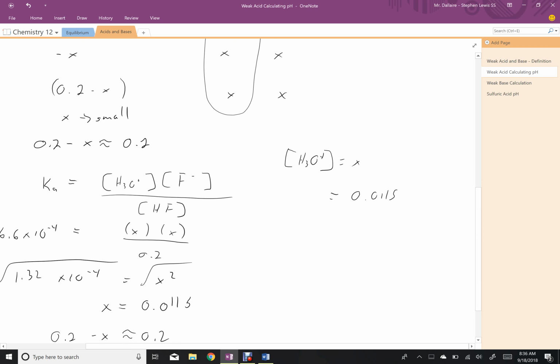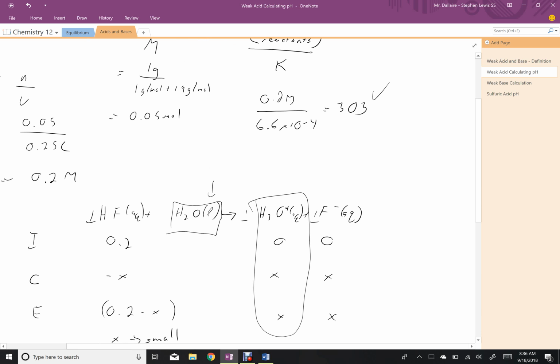Okay? Now remember that our pH is equal to the negative log concentration of H3O+. So if I put that value in, I get 1.9.